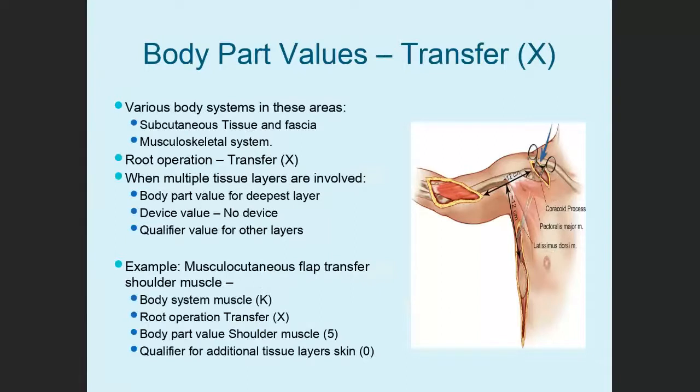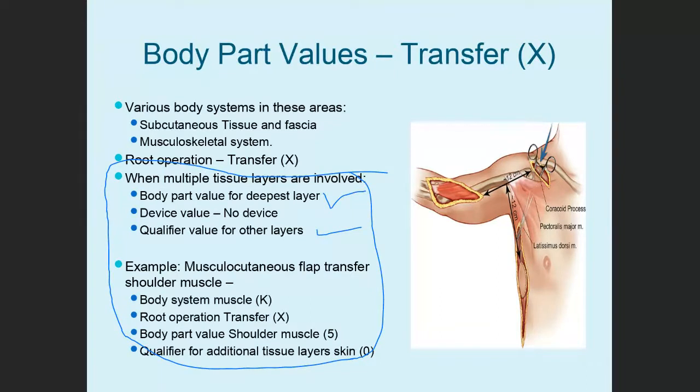Also, qualifiers are used for transfer procedures in the body systems, cutaneous tissue and fascia, and systems related to the musculoskeletal system. This is for transfer. And the rule is when multiple layers are involved, the body part value is for the deepest level, the qualifier value is for other layers. And here's an example.